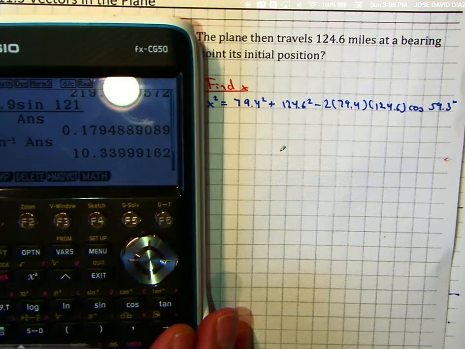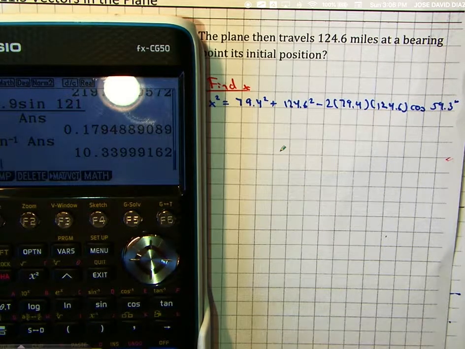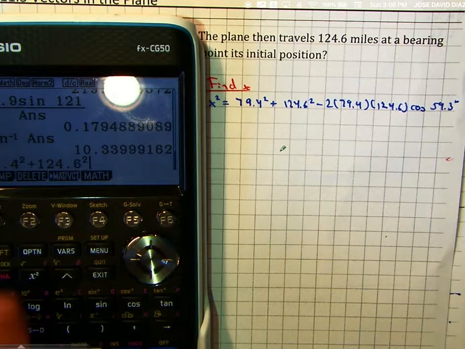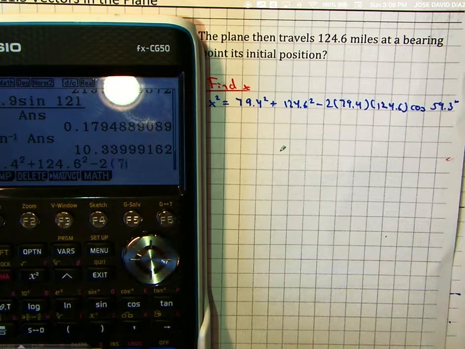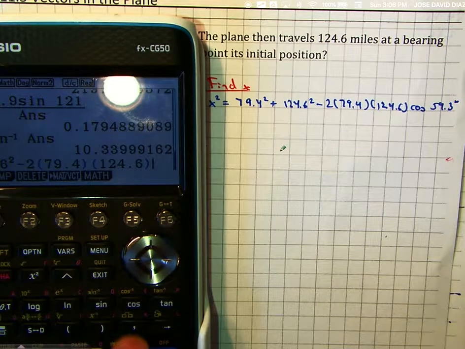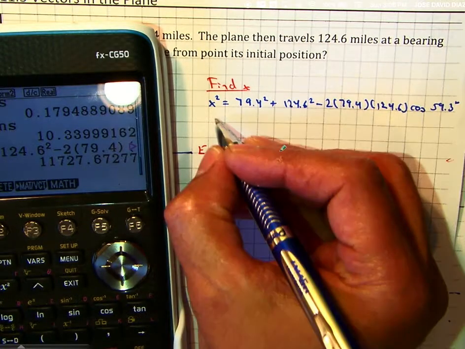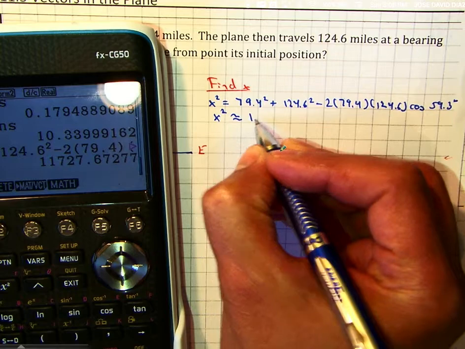And I can type it in all at once, and the cosine of 59.3. So therefore, x squared is approximately 11727.